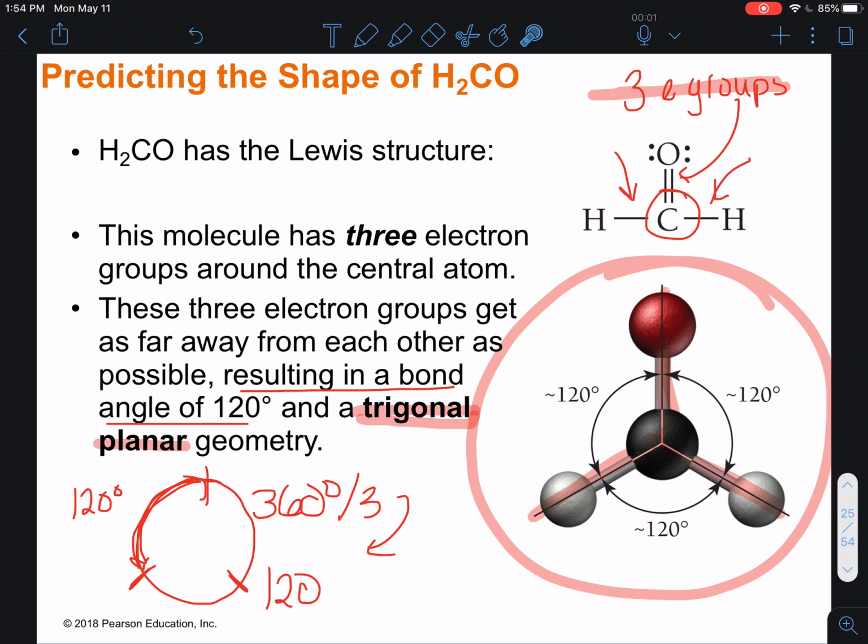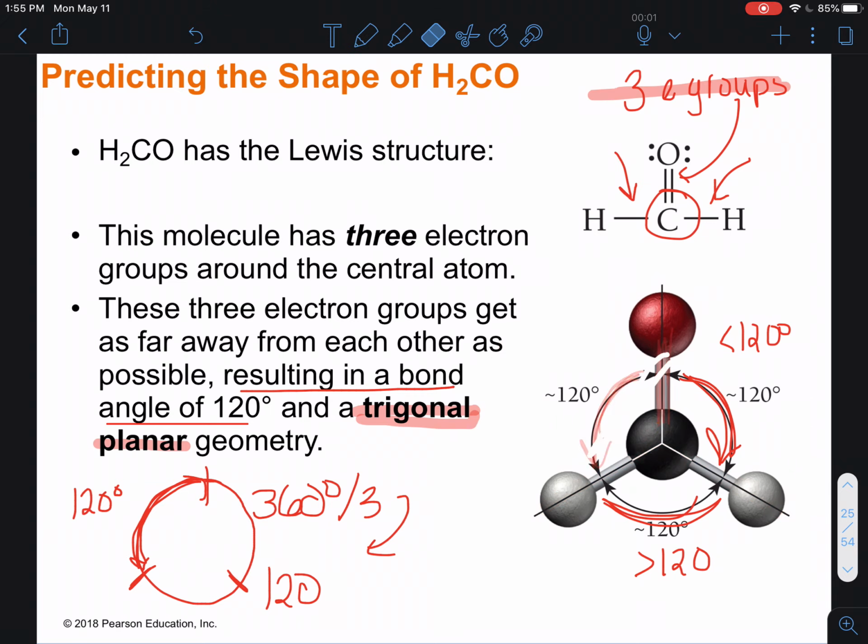But you'll talk about that more in Chem 200. Essentially that would result in these bonds being roughly a little bit more than 120, and this bond right here would be a little bit less than 120. It's this double bond right here pushing these bonds down. It wants more room, and it wants the most amount of room it can get.